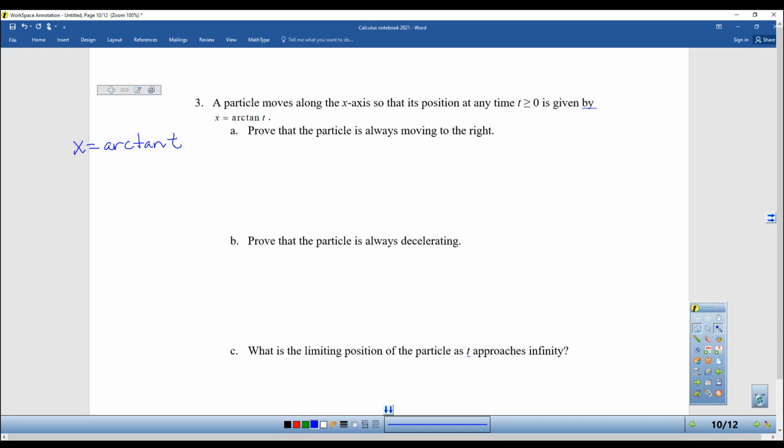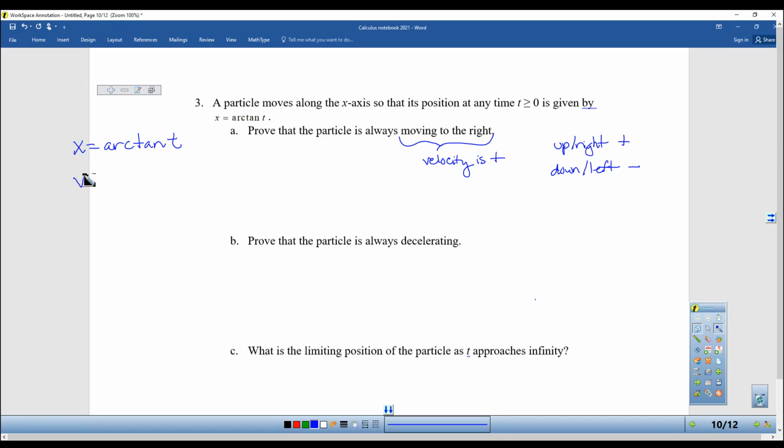So in order for something to be moving to the right, that means its velocity is positive. Remember, up and right are both positive. Down and left are considered negative. So pretty much they just want to know if the velocity is positive.